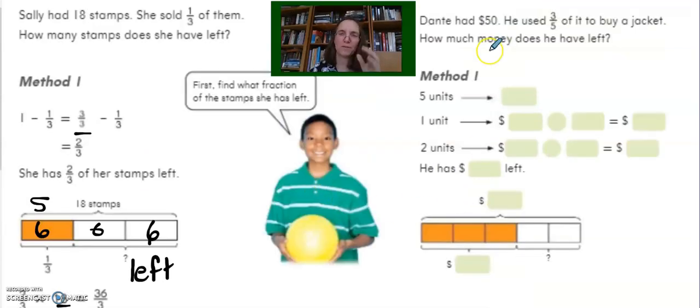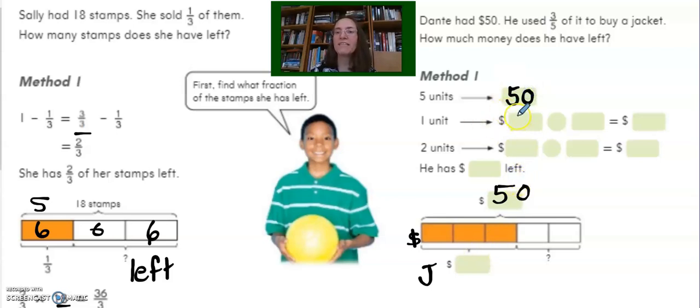Let's try this one together. Dante had $50. He uses 3/5 of it to buy a jacket. How much money does he have left? Well, these 3/5, this is the jacket down here. This is his money. And let's see, this was $50 total. So now I've got to know what 1/5 is. 5 units, 5 of those boxes there is $50.